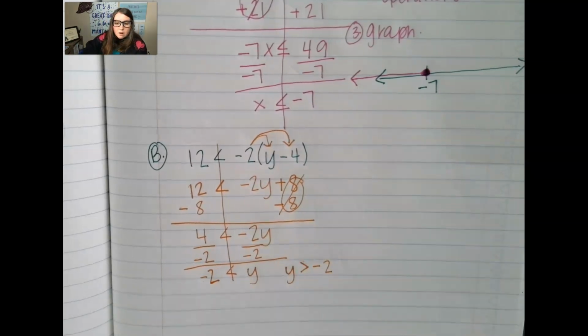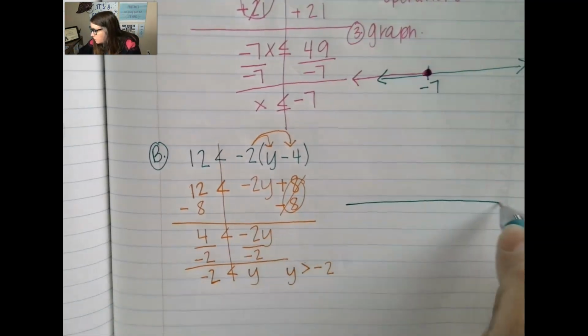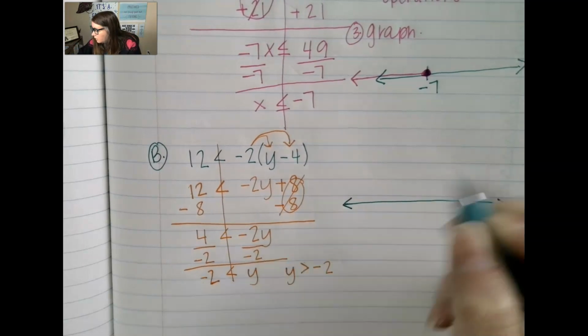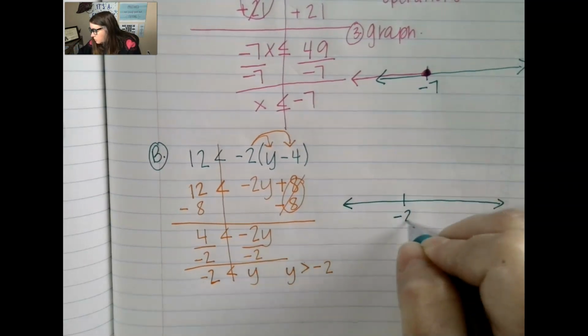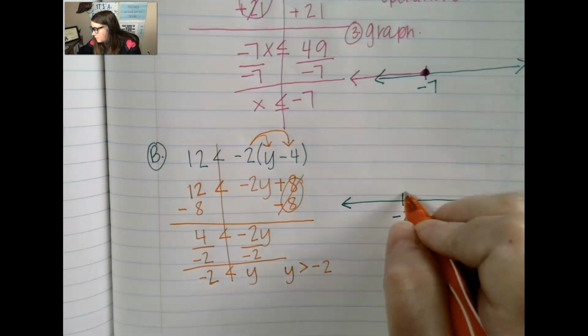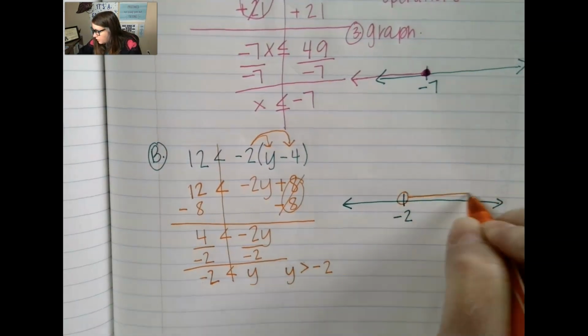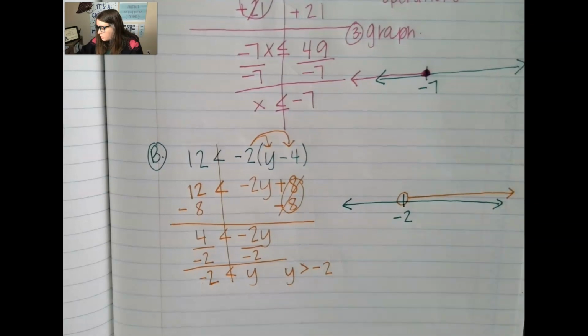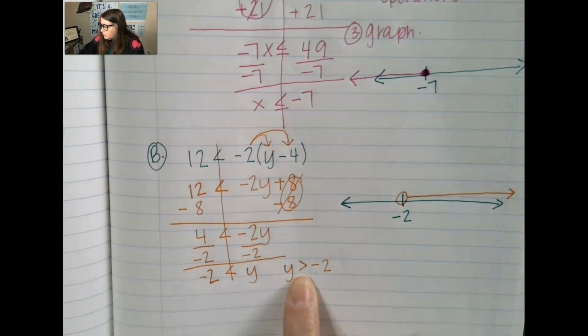And now we are ready to graph. So let's draw our number line, and we're going to put negative 2 here. This is an open dot. Arrow to the right.